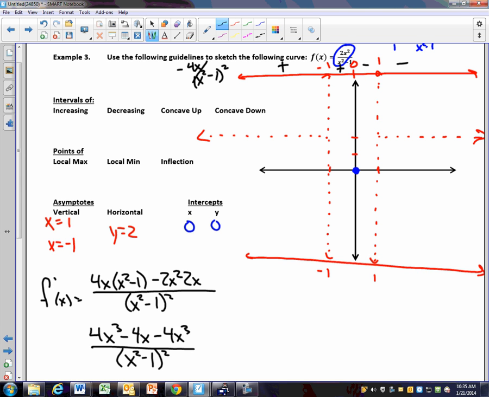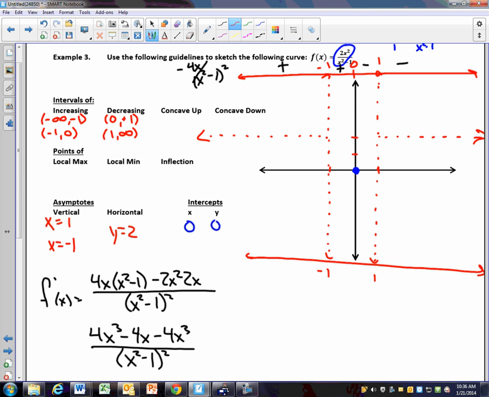So if you wanted to label intervals of increasing, what would you say? -infinity to -1, -1 to 0, decreasing, 0 to, yep, positive 1, excuse me, and 1 to infinity. Very good. We have either a max or a min.